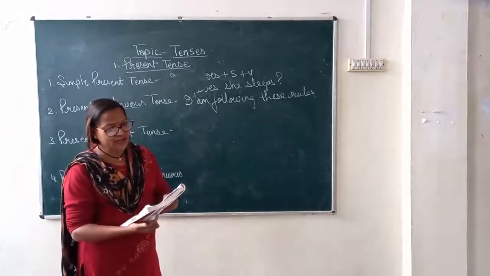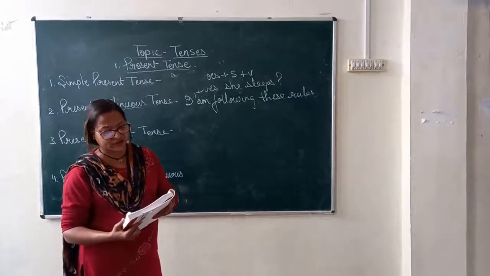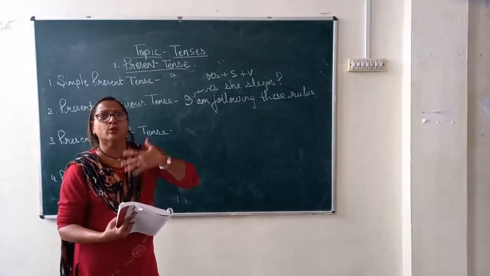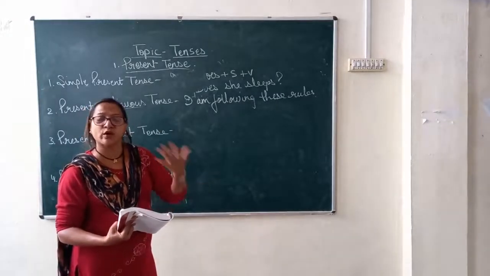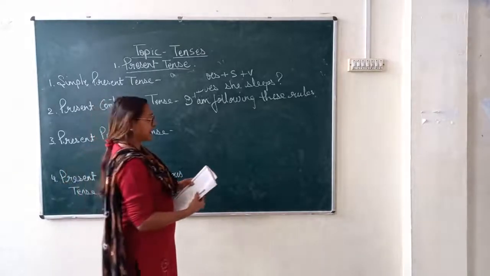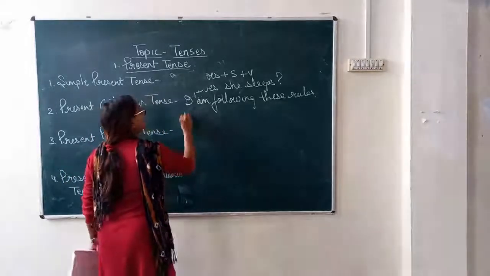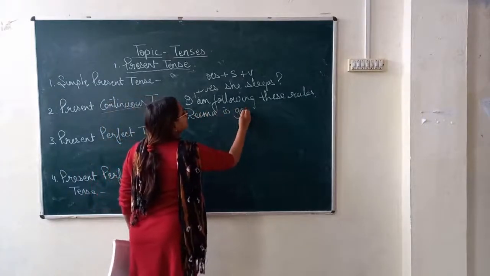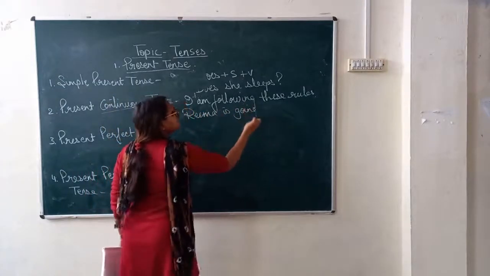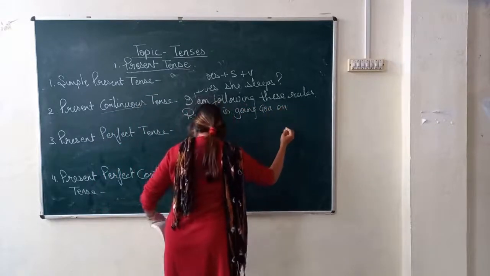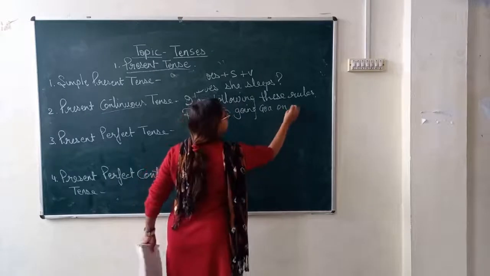Then for future actions that have already been arranged, that means the action you know is going to take place. You already know, right? Like Rima is going to Goa on a holiday.